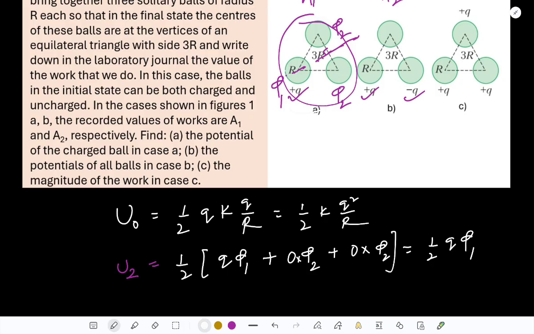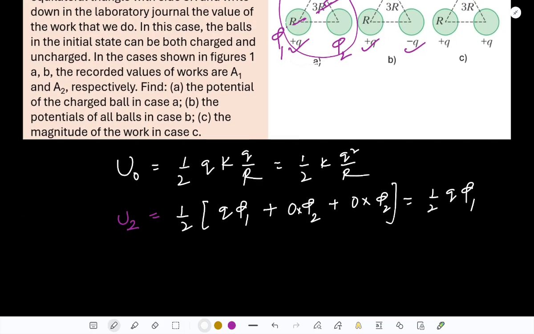And now you can use the law of conservation of energy: the initial energy of the system plus work done, and the value of work done is A1 in this case, will become equal to the final energy, or call it U1 because we have many other systems to deal with.